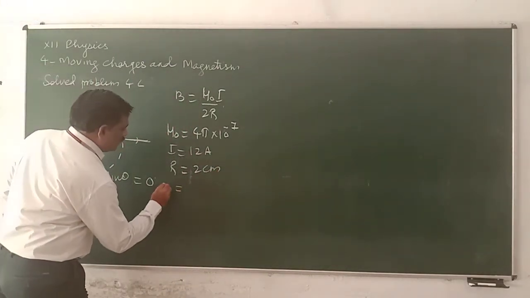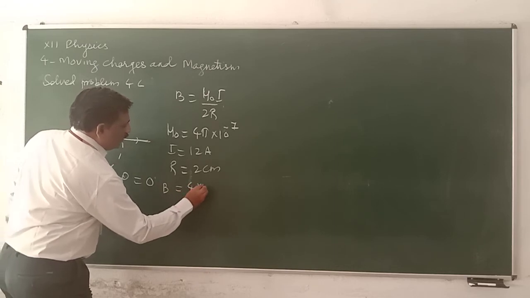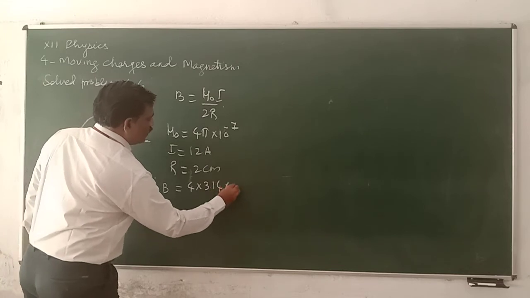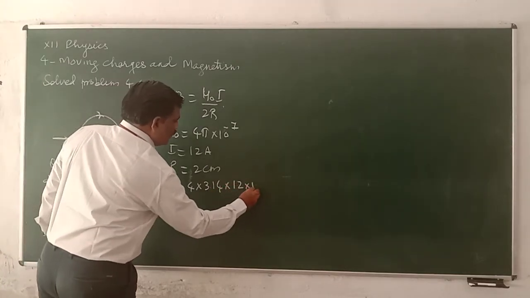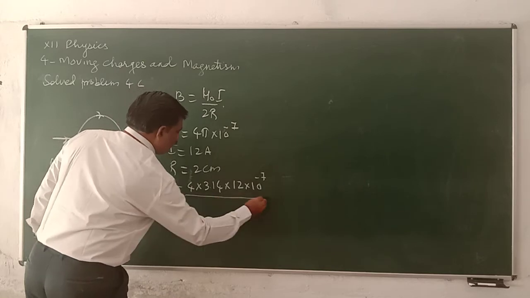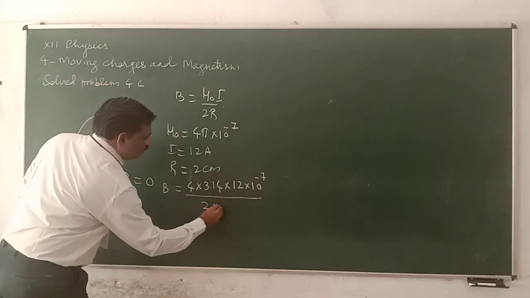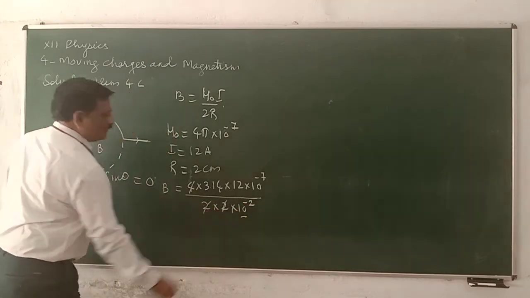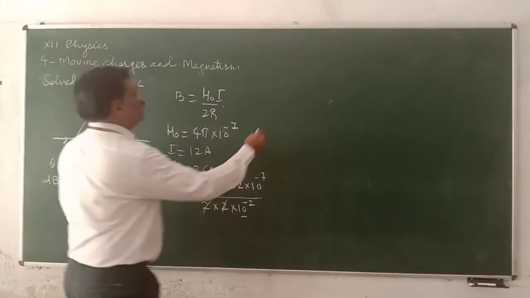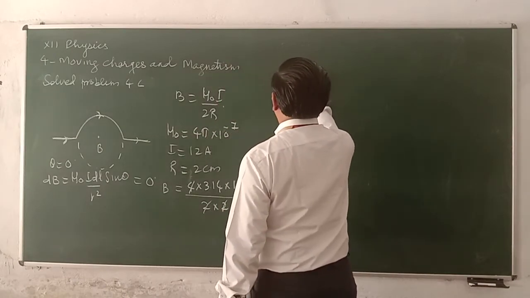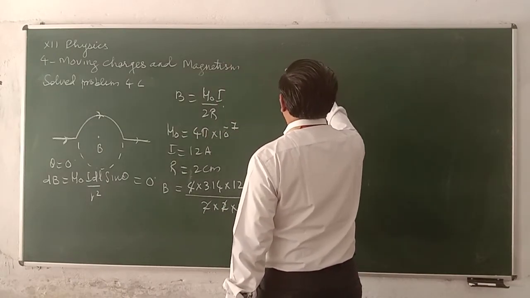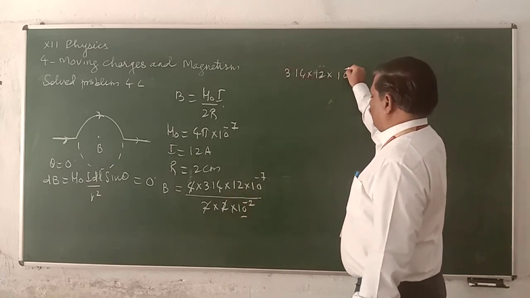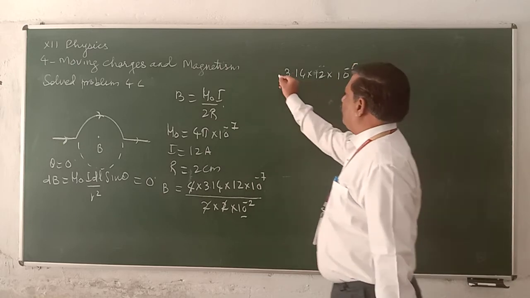It becomes B is equal to 4 into 3.14 into 12 into 10 raised to power minus 7 divided by 2 into 10 raised to power minus 2. This gets cancelled, so this is equal to 3.14 into 12 into 10 raised to power minus 5.